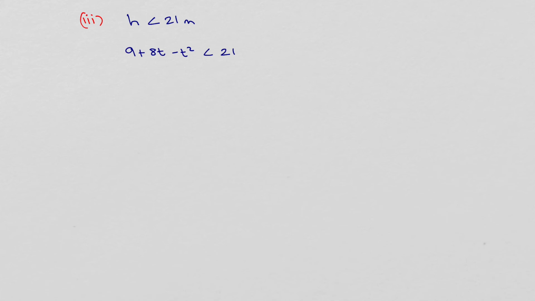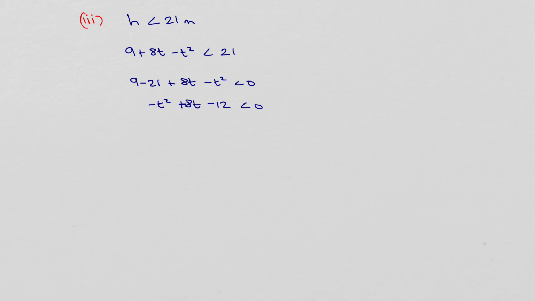So if I bring everything to one side, in other words, subtract 21 from both sides, I get 9 minus 21 plus 8t minus t squared is less than 0. In other words, minus t squared plus 8t minus 12 is less than 0. But of course, if we're going to sketch our graph, we always want a positive t squared to get that U shape.